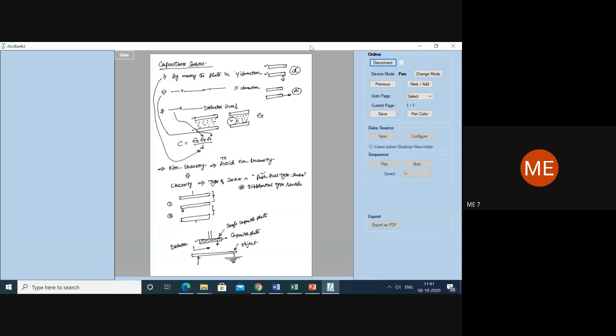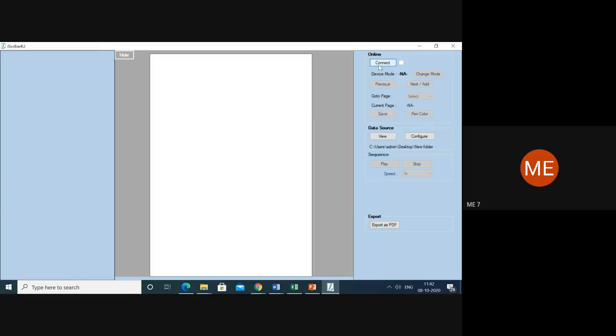Then we'll have one more type of proximity sensor that we will take and finish. That is called, just make a note, photoelectric proximity sensor.